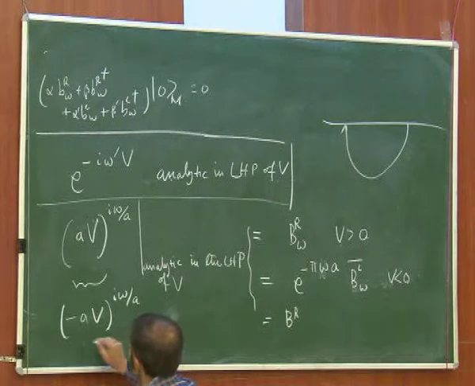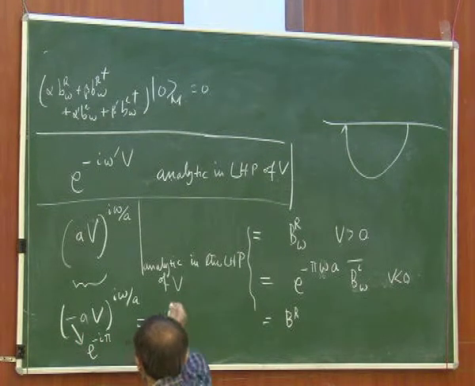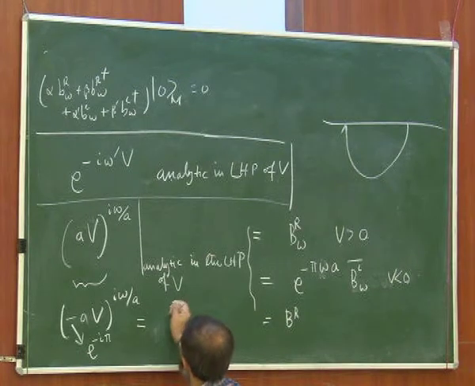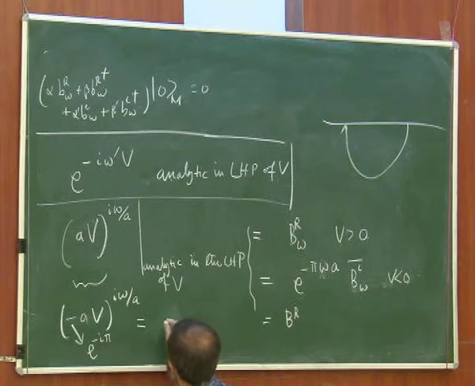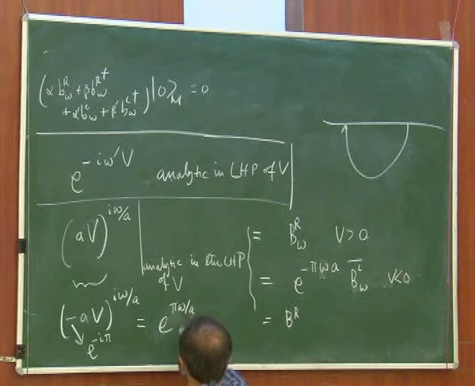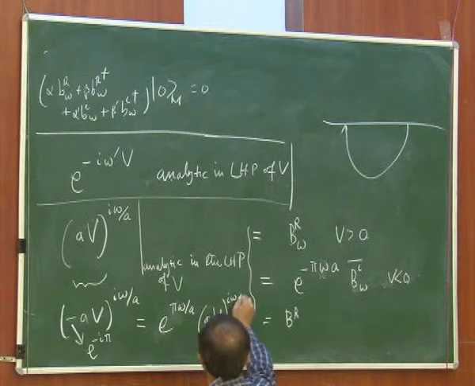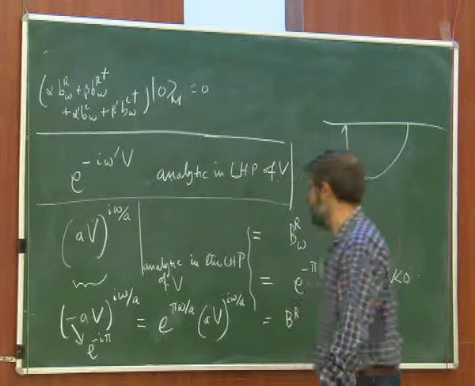So this fellow here is e to the power minus i pi. So this should be interpreted as e to the power pi omega a times AV to the power i omega a.